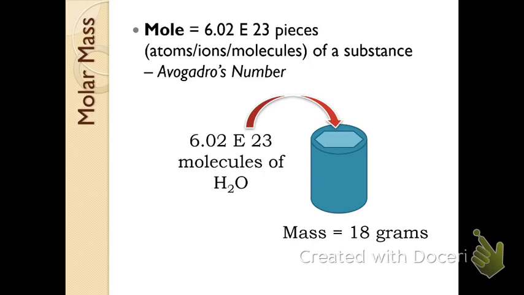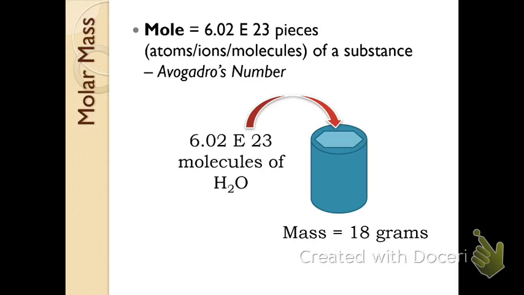So write that down somewhere. The atomic mass on your periodic table is equal to 6.02 e to the 23 atoms of that particular element. Again, the mass on your periodic table is equal to 6.02 E23 atoms of that particular element.